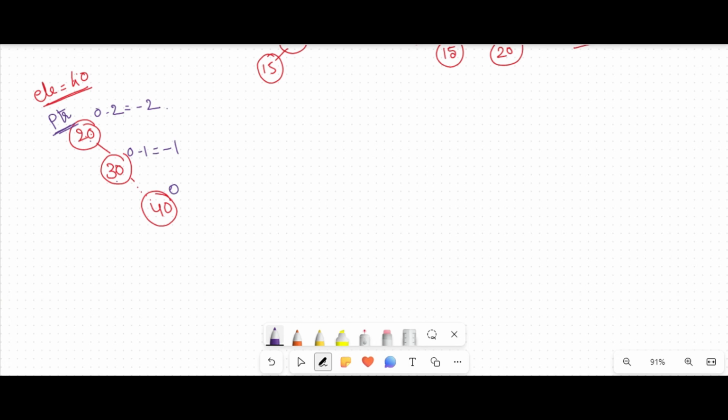For PTR, you have inserted 40 on the right side. That's why on the right side there are 2 rotations, as I already told you: single left rotation and double right left rotation.